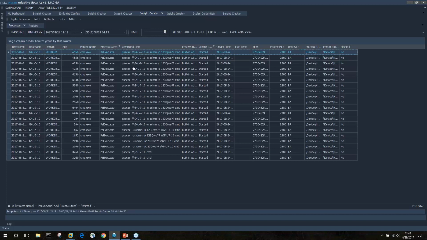So in this case, what I see is that, again, on my one particular G4L 510 host, I've got PSExec running, and PSExec is being used to open a command prompt on G4L 710 on this other Windows 10 box. And I've got some username and password information that's being passed in to enable the user to get access to this particular host. So this is a way of, again, looking for lateral movement using PSExec.